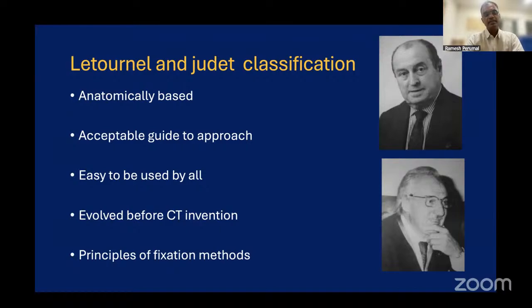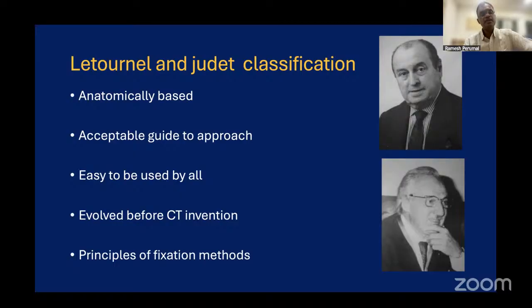They have defined the complete morphology of the acetabulum in the form of an anterior wall, the anterior column, the posterior wall, and the posterior column. Based on the involvement of the anatomical structures, they have given a guide to approach this type of fracture. This is one of the easy classifications and can be used by all. So even though many classifications of the acetabulum have come about, the gold standard classification is still Letournel and Judet, which is column specific.